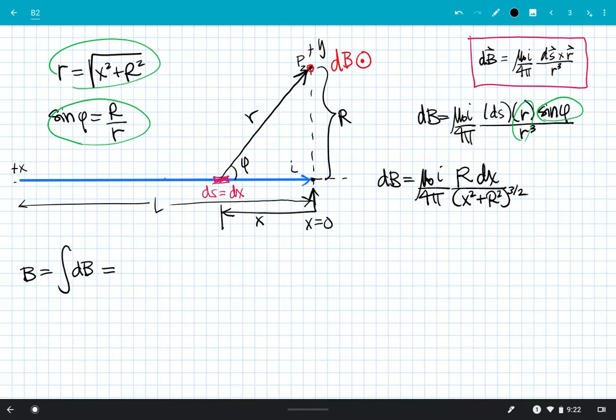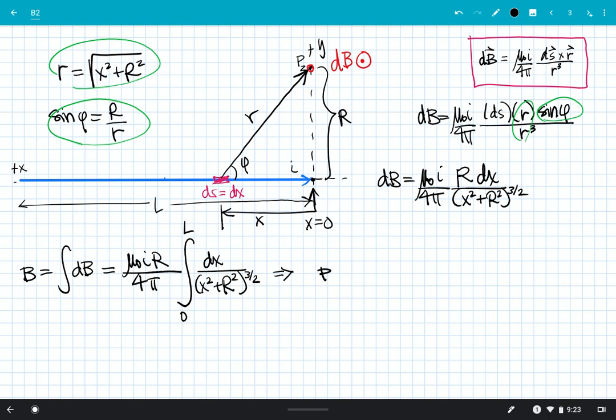So I can pull out my constants, mu naught I and R and 4 pi, and then integrate dx over x squared plus big R squared to the 3/2. My bounds go from x equals 0 to x equals L. I would integrate this using the table or some method of integration, and then evaluate it from 0 to L. I'll leave that to you to work on.